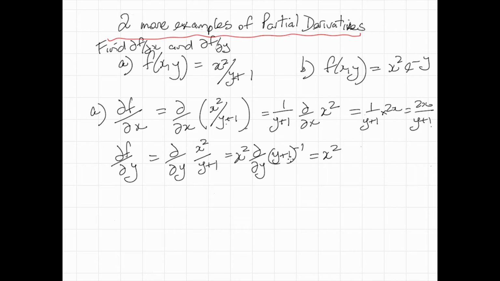Now this is a chain rule. We've got a function of a function. So we're going to find the derivative of the inside, and the derivative of y plus 1 is just equal to 1. And then when we differentiate the outside, negative 1 comes in front of the brackets, write whatever's in the bracket, and take 1 off the power.